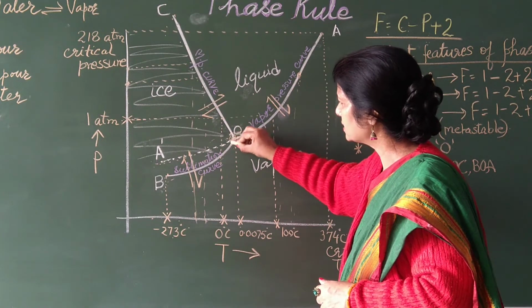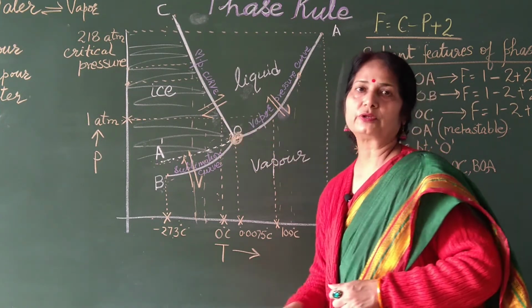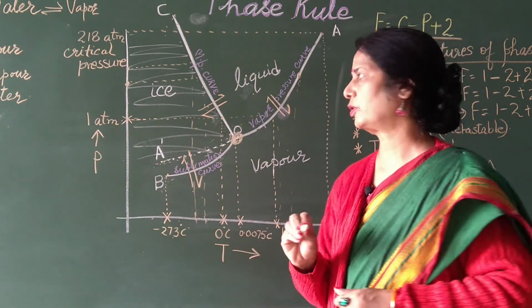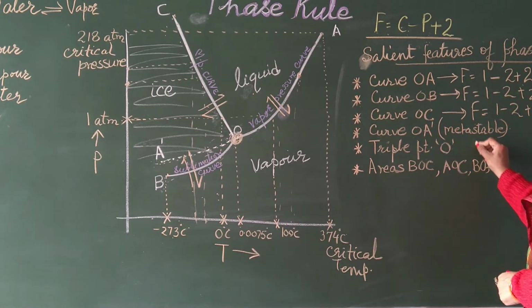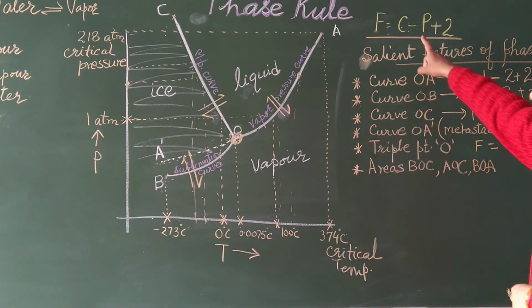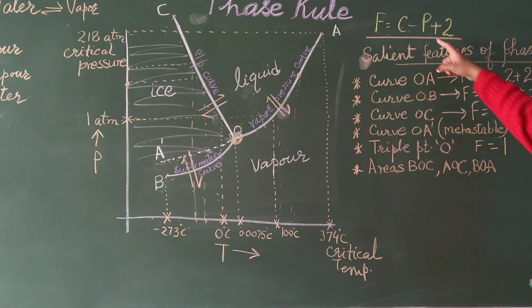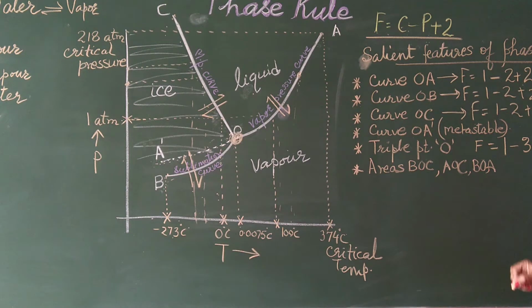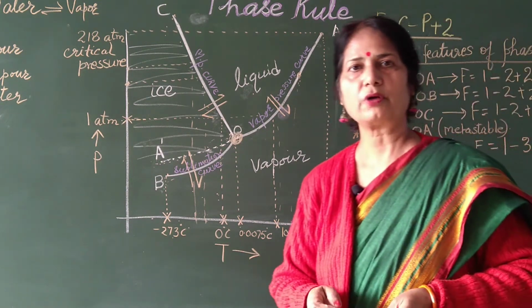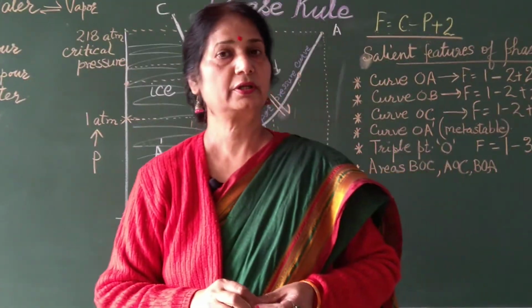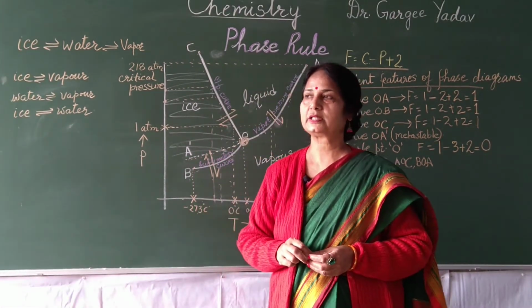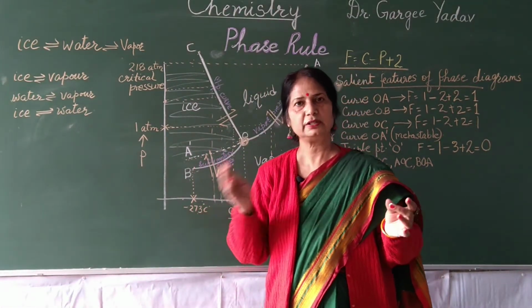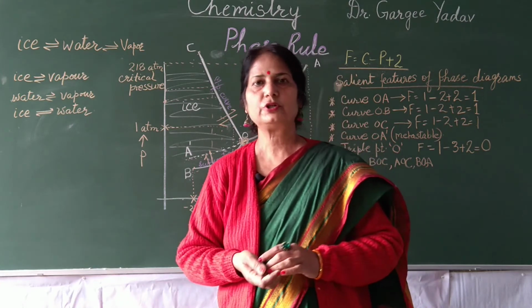They all coexist at this point, and if we calculate the degree of freedom at this point, what we get is: number of components is 1, number of phases is 3, plus 2, and this comes out as 0. So this means that the system is non-variant at this point. The degree of freedom is 0. This means that we don't have to fix either the pressure or the temperature. We don't have to fix it.